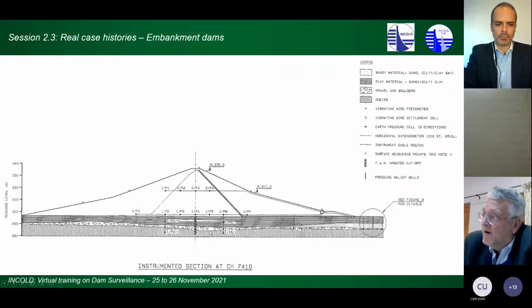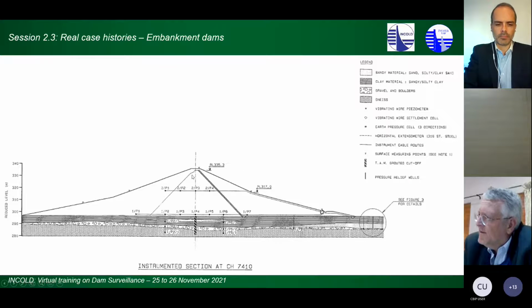So you've got no other defense against internal erosion, except on the downstream side, there are pressure relief wells to try and draw down the phreatic line, so that you decrease the risk of piping. Okay, so there are a lot of piezometers installed here.